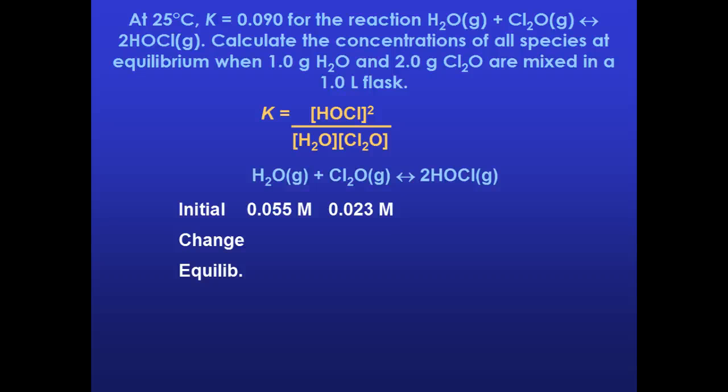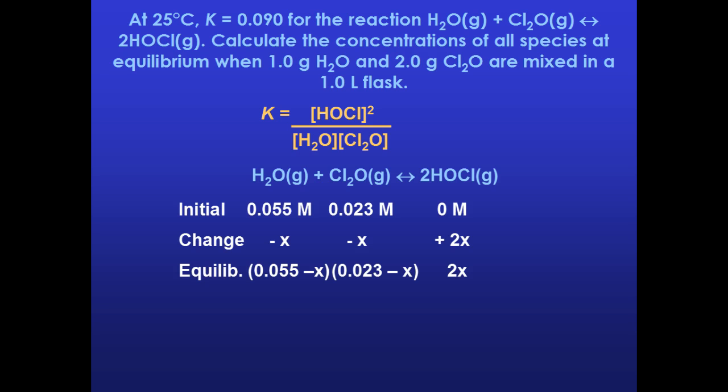We don't have any of the HOCl, so our reaction has to shift from reactants to products. The reactants are in a 1-to-1 stoichiometric ratio, so they're going to decrease by a factor of x, while our products are going to increase by a factor of 2x. So at equilibrium, our equilibrium concentrations would just be the initial plus the change for all three of those quantities.